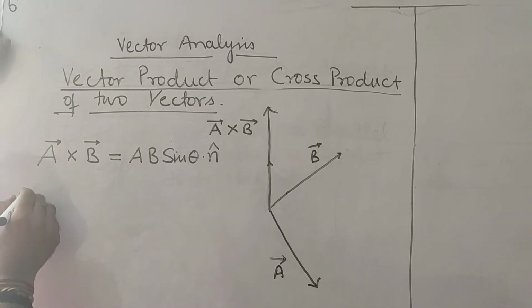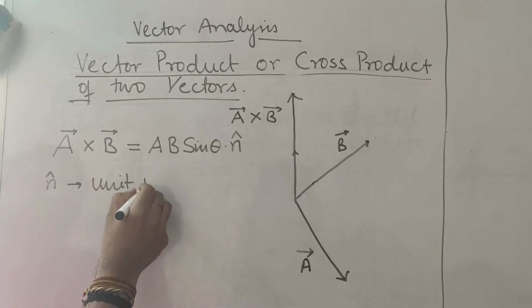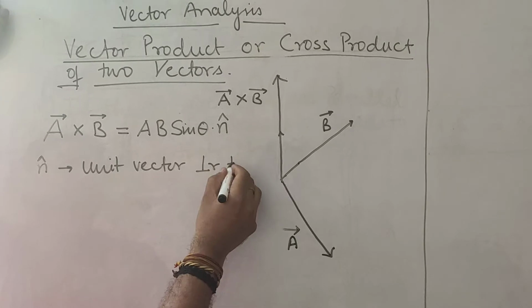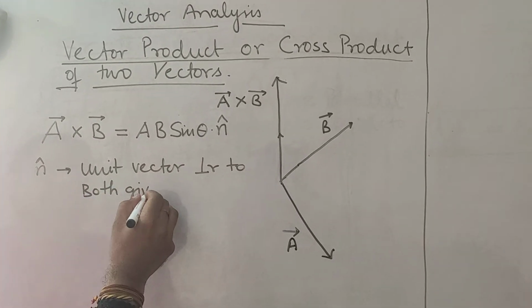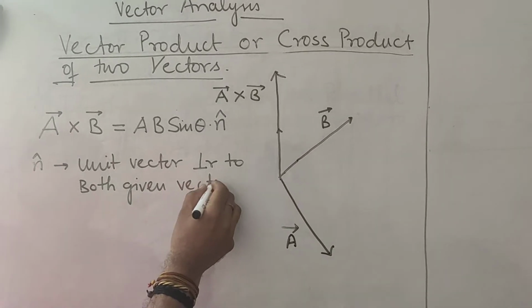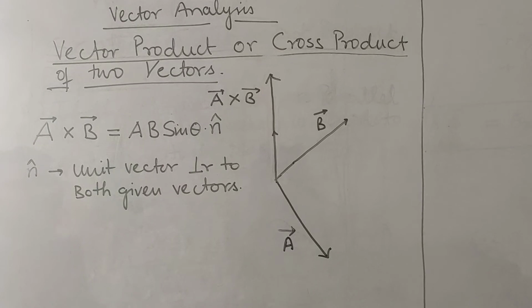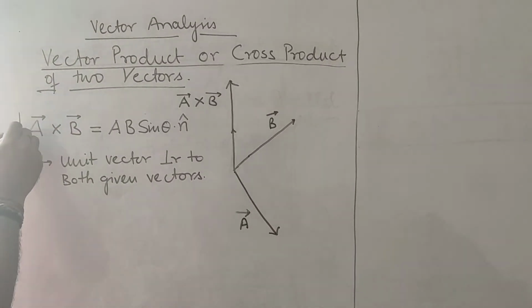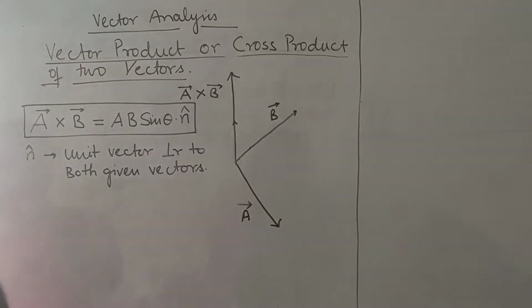This n cap is a unit vector perpendicular to both given vectors. That means the product of two vectors is always perpendicular to both the given vectors. So this is the general formula for cross product or vector product.